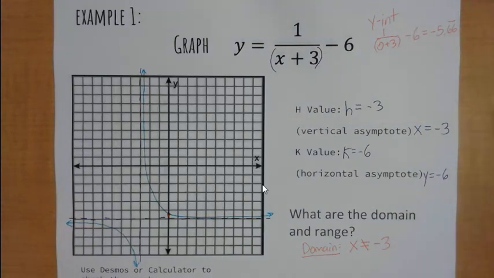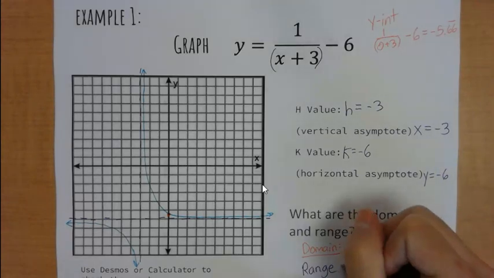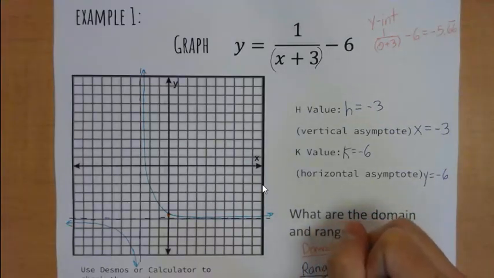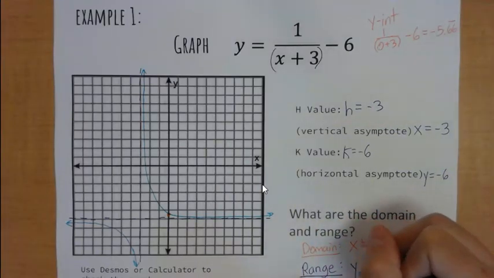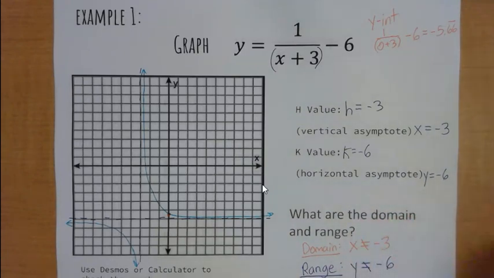And then our range is going to end up being y is not equal to negative 6. So we can see that first, because of our asymptote, we're not going to have negative 6.